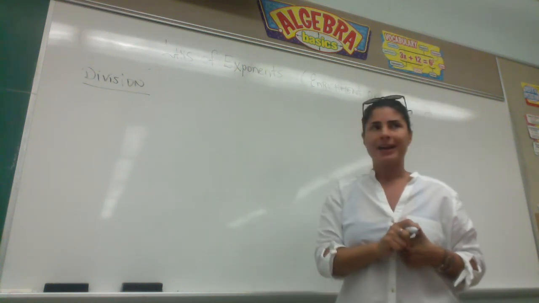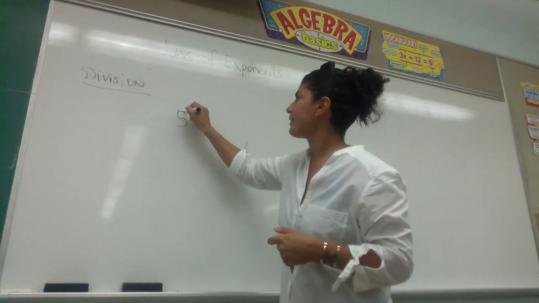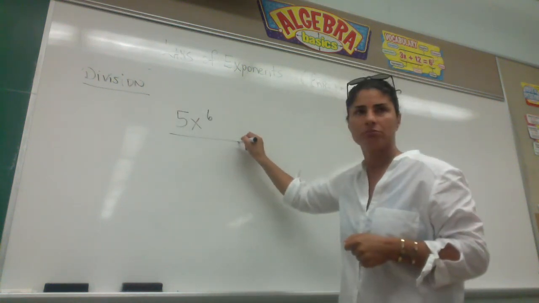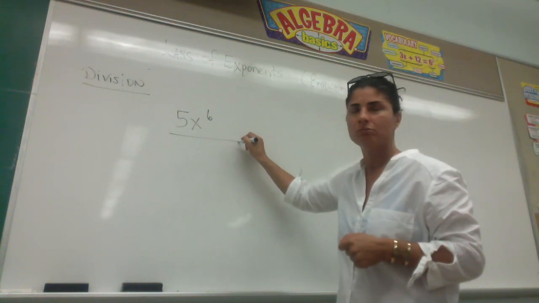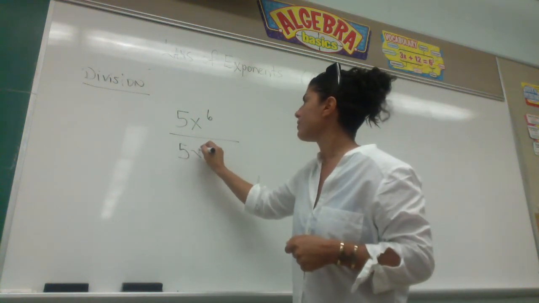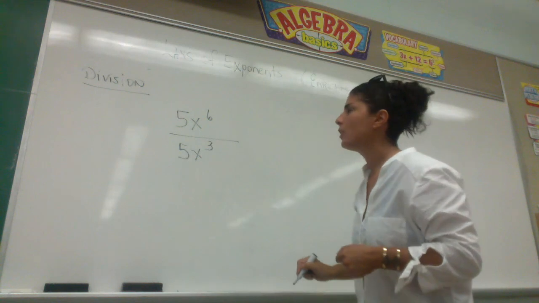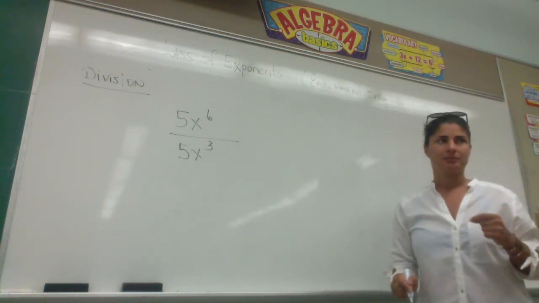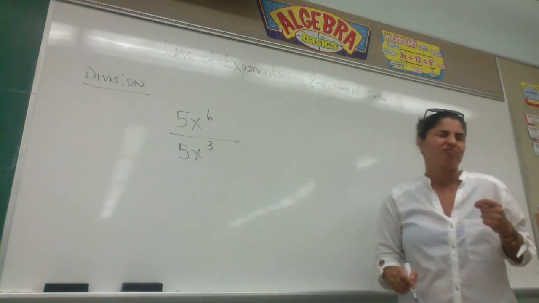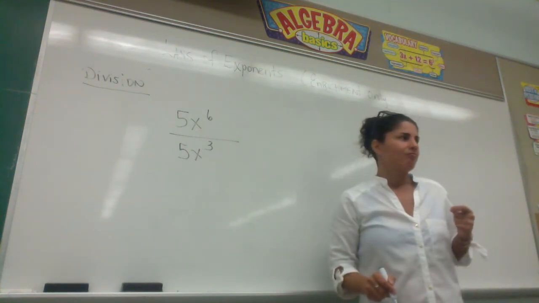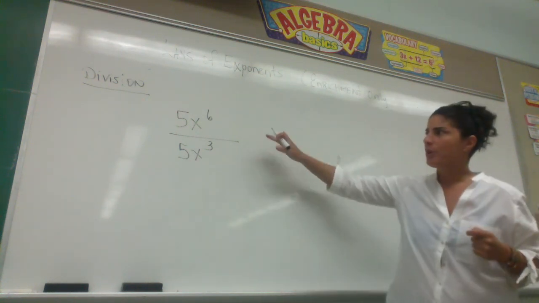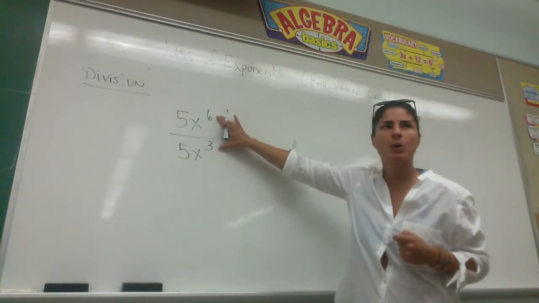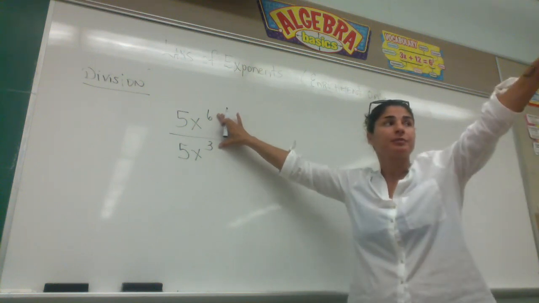So if I had 5x to the 6 divided by 5x to the 3, who can guess, just some kind of guessing on your part after what we just did, what would we do to the exponents here?